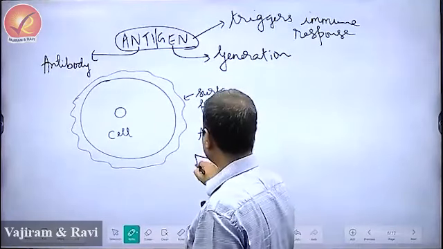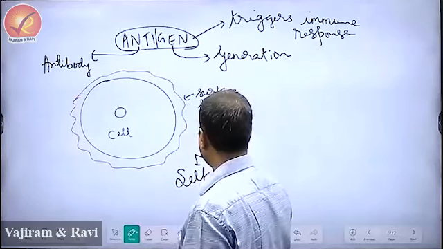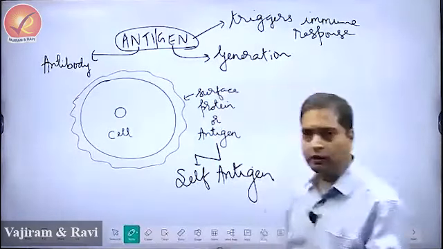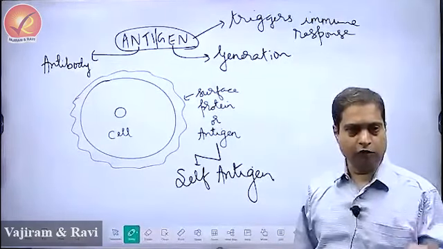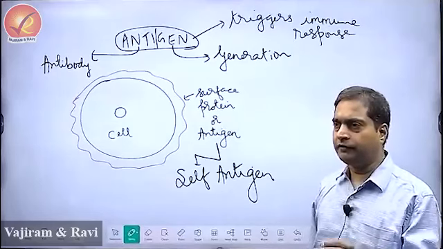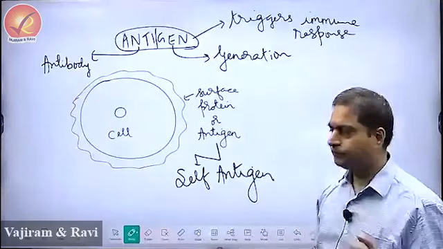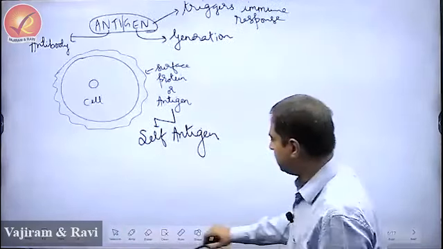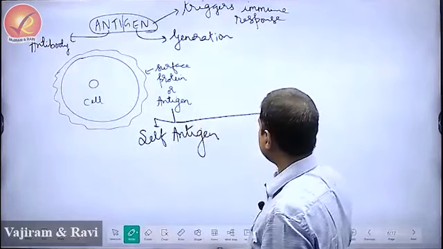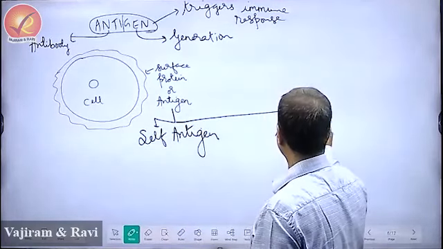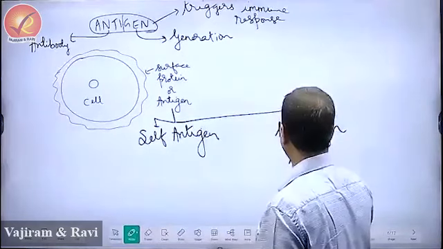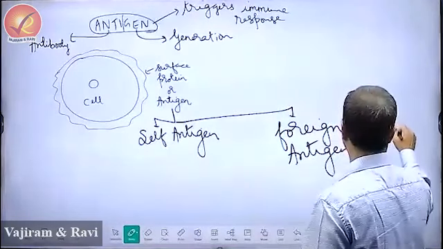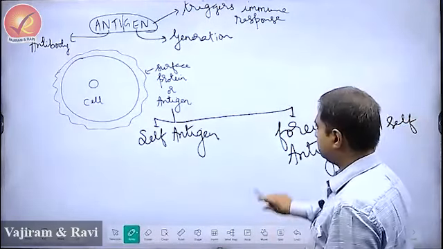So antigen again becomes what? Self-antigen, that which belongs to the body cell surface of that living organism is a self-antigen. Any other antigen corresponding to this shall be regarded as foreign antigen or non-self.